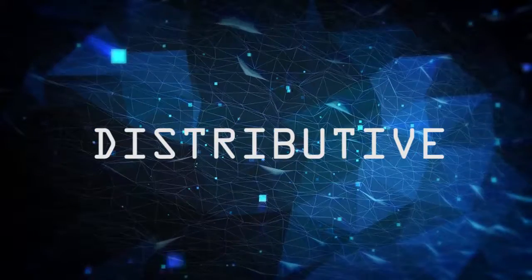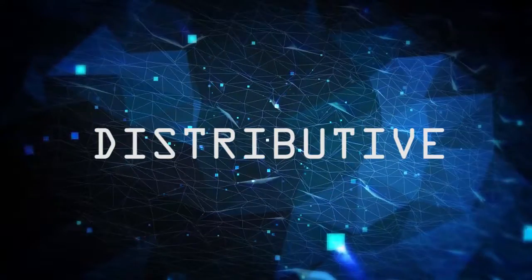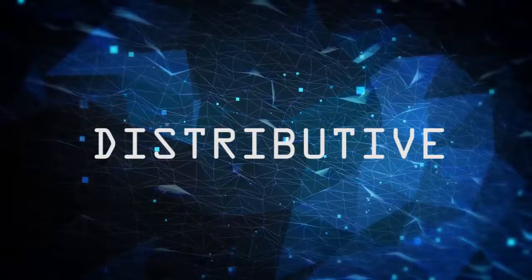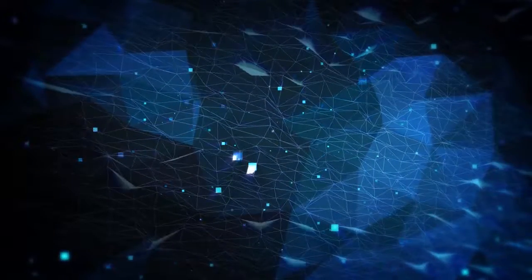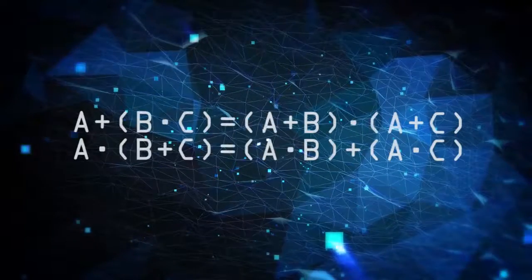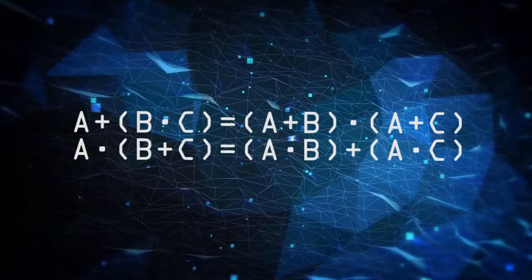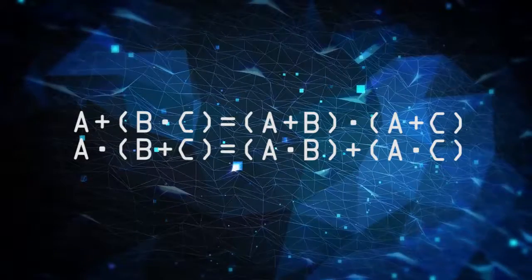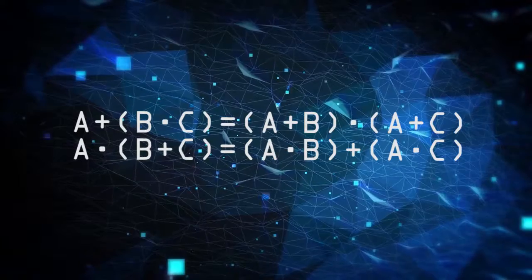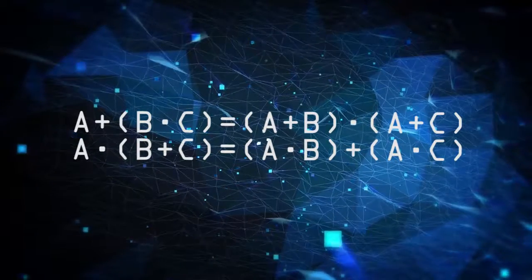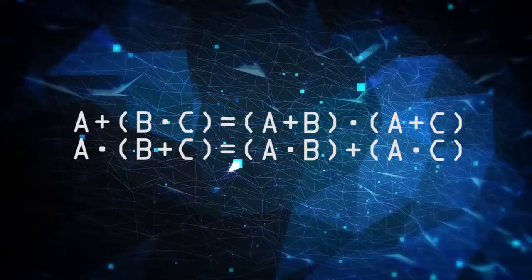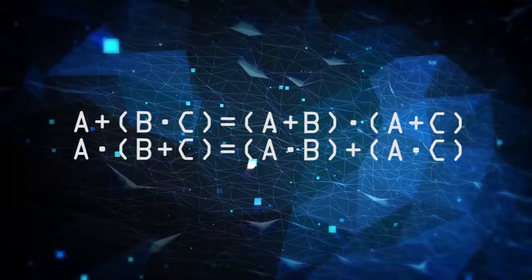Another Boolean law is the distributive law. When you have a variable A multiplied by variable B plus variable C, as a result you will have variable A times B plus variable A times C. It only applies for the AND over OR.